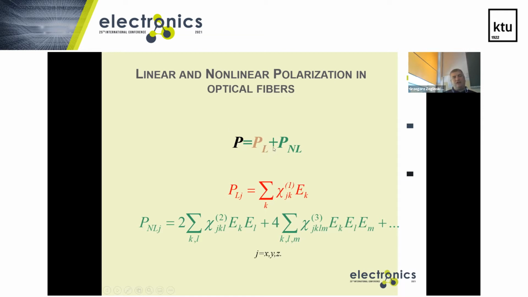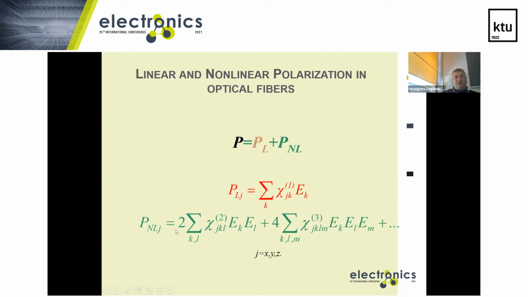We can get general linear effects. Linear effects are described by the first order susceptibility. It gives some special parameters in the real line, like attenuation of optical fiber and chromatic dispersion of optical fiber.